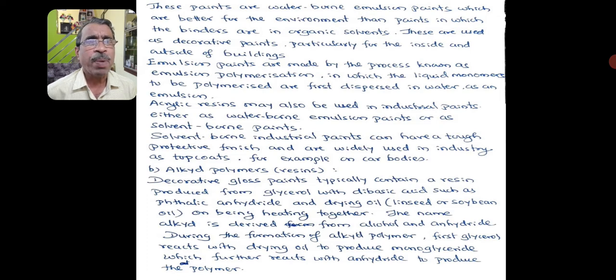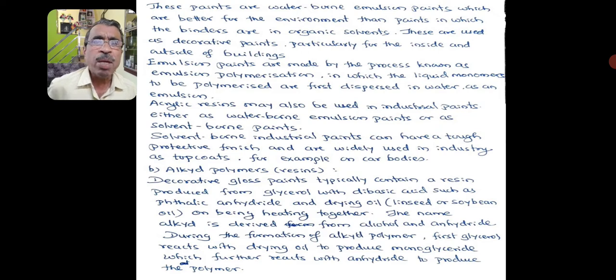Solvent-borne industrial paints can have a tough protective finish and are widely used in industry as top coats, for example in car bodies, two-wheelers, and other machinery bodies.